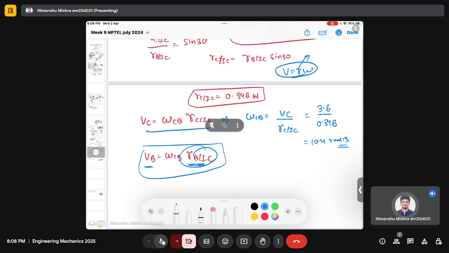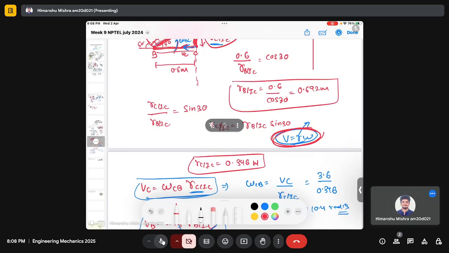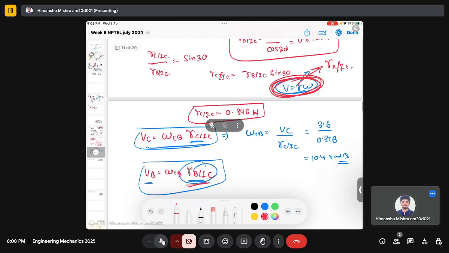Because when we use the instantaneous center concept, it is very simplified, because now we have identified this instantaneous center. My point B is rotating with this normal vector and my point C is rotating with this normal vector. So when I use this formula, my position vector should be between that point X, which is B, C or A, with respect to IC. When we don't use the instantaneous center concept, we cannot just use any position vector.